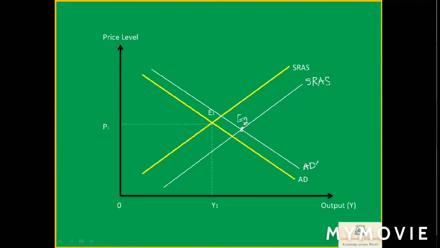If this is the new equilibrium point, then we can see that the output has gone up. However, the price level has gone down. So P2 is our new equilibrium price, and Y2 our new equilibrium output. So we can see that output has increased, but the price level has dropped.